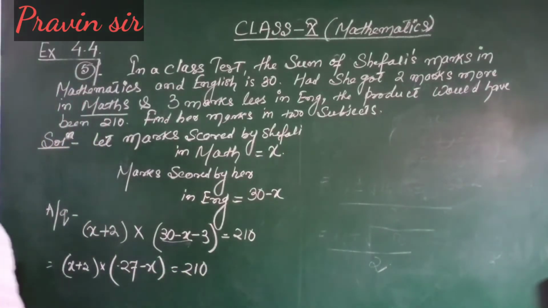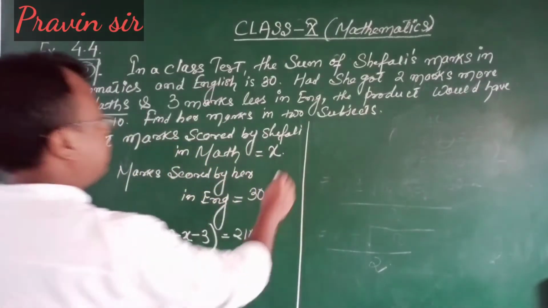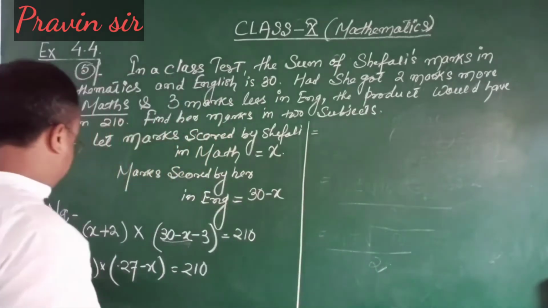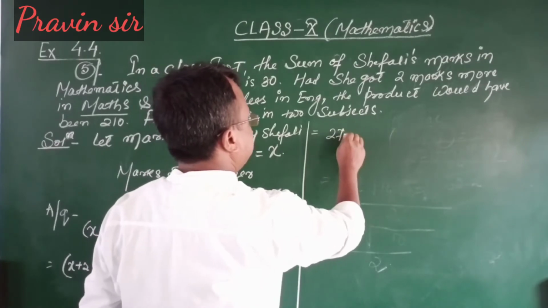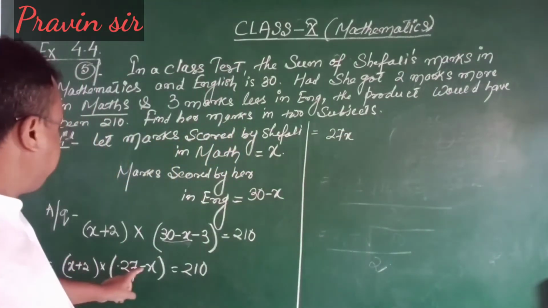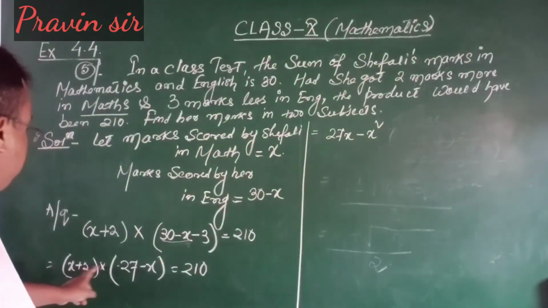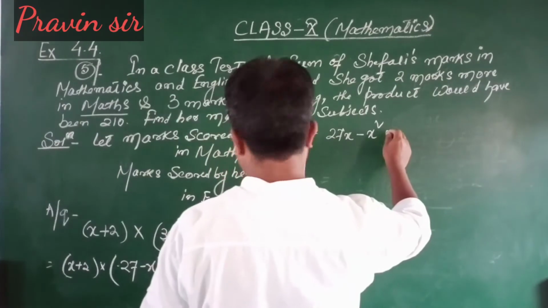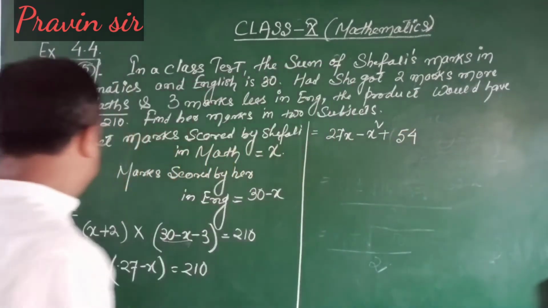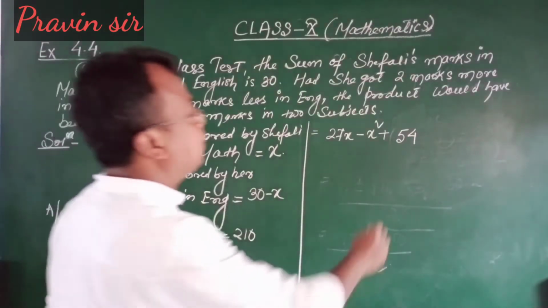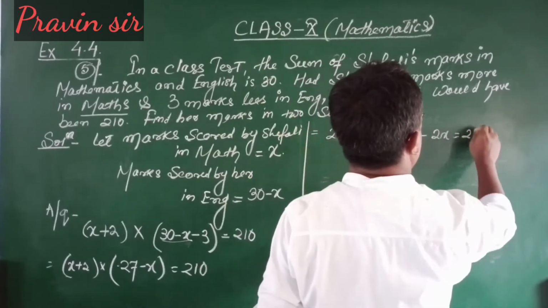So x into 27 is 27x, x into minus x is minus x square. Then 2 into 27 is 54. Then plus 2 into minus x is minus 2x, equal to 210.